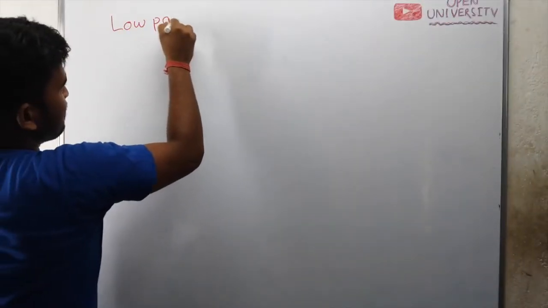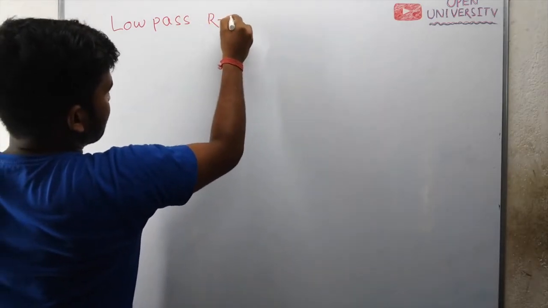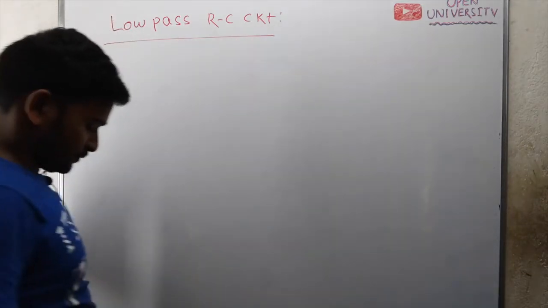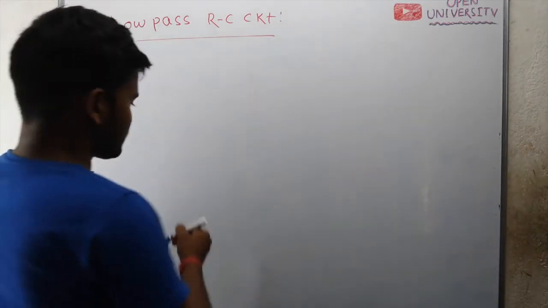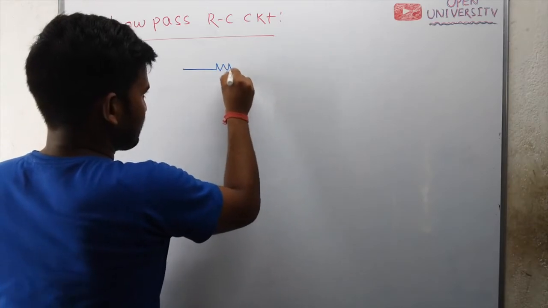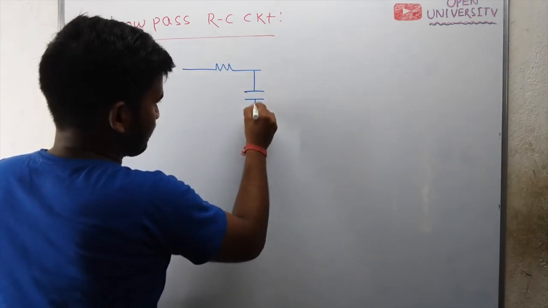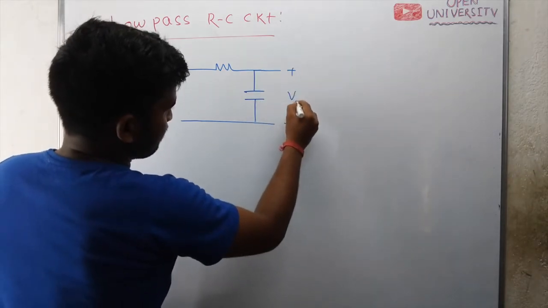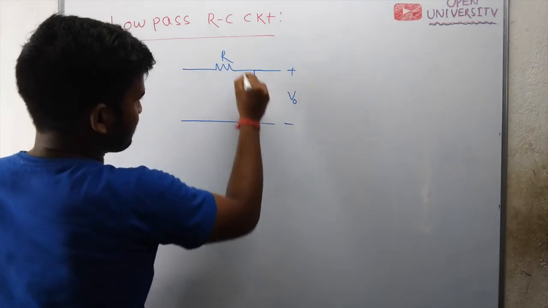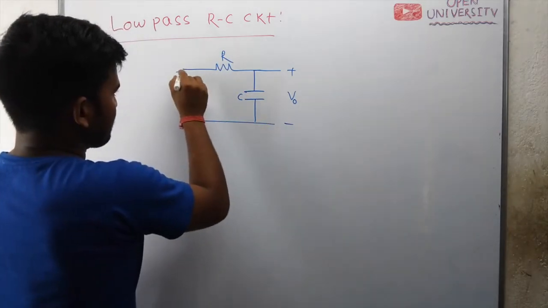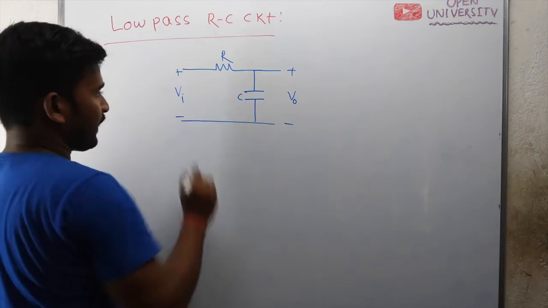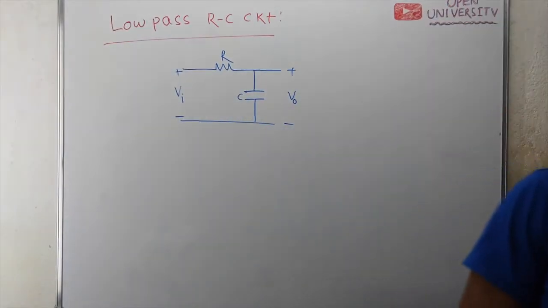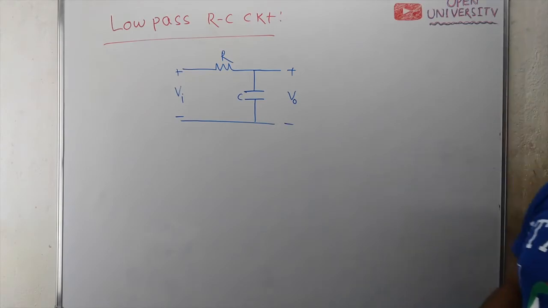Low pass RC circuit. This is your low pass RC circuit figure. This is your V naught, and this is your resistor R, capacitor C. This is the input voltage Vi. This is a low pass RC circuit.